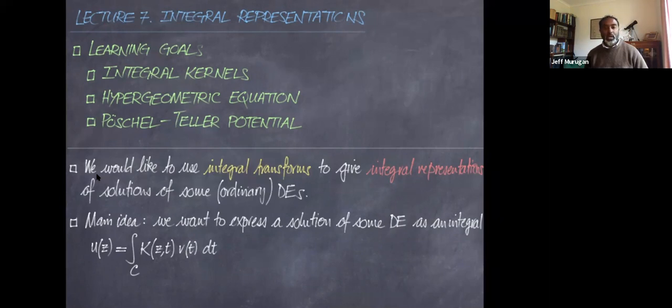And we want to choose the integral kernel k of z, t in such a way that the differential equation becomes easier to handle.